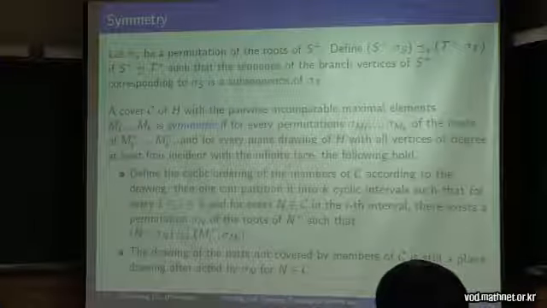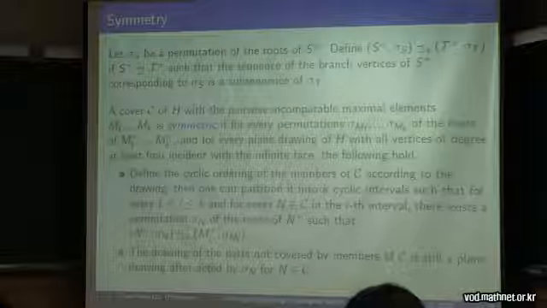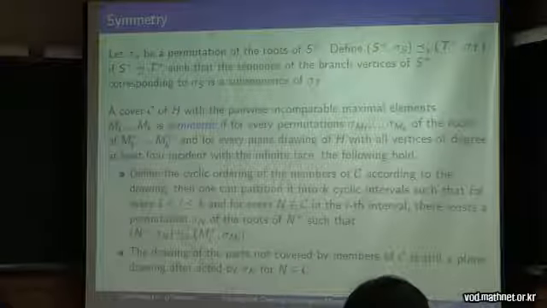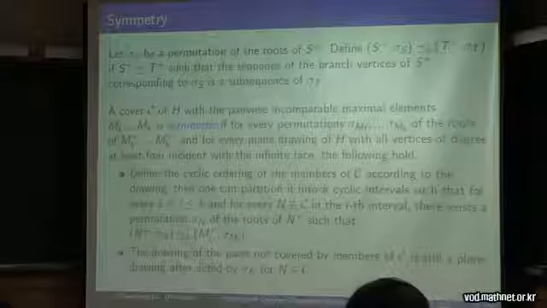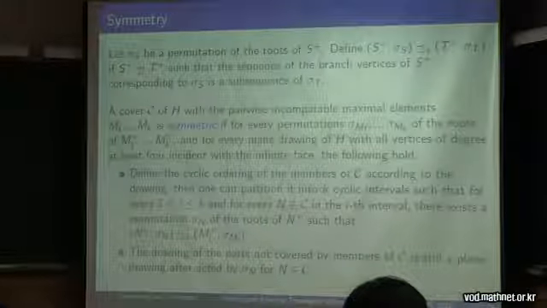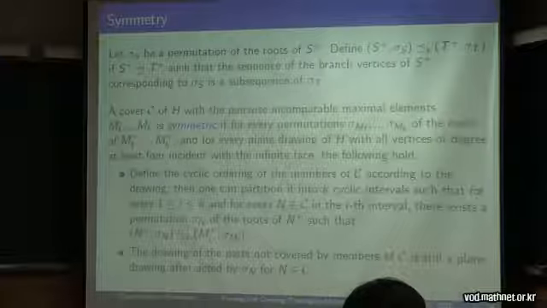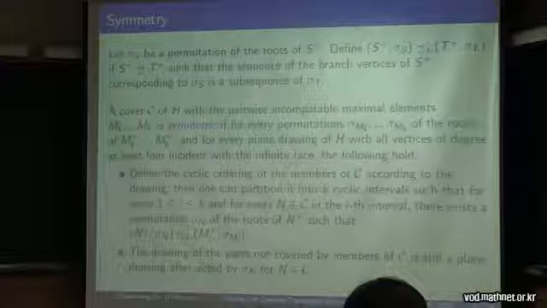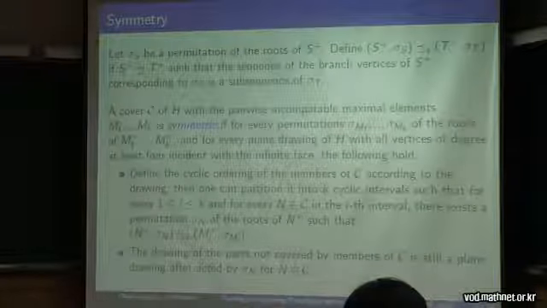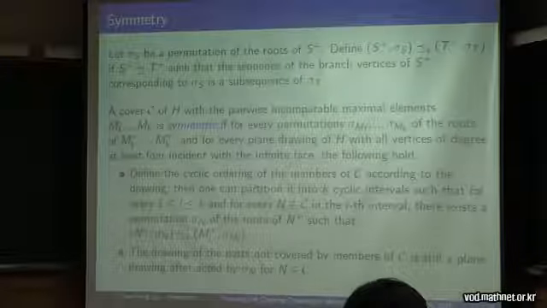So I have a cover C, and I call the maximal elements of the cover M1 through Mk. If this cover is symmetric, then the following complicated conditions should hold. The condition is that for any permutations of the roots of the maximal elements, and for every plane drawing of the graph H, such that all vertices of degree at least 4 fall incident with the infinite face, then the following condition holds.